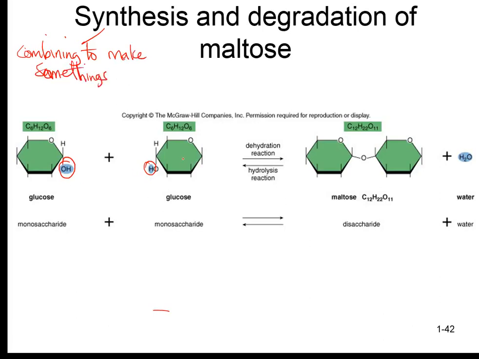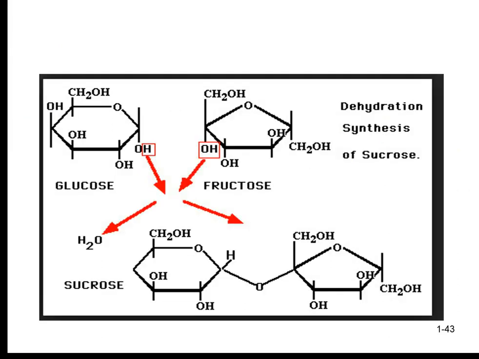Here we are combining glucose and glucose to make maltose. Glucose is a monosaccharide, the other glucose is a monosaccharide, the maltose is a disaccharide. So this is what we are saying: one OH gone, one hydrogen gone, and then these form water, and then we have our connection, a dehydration process.